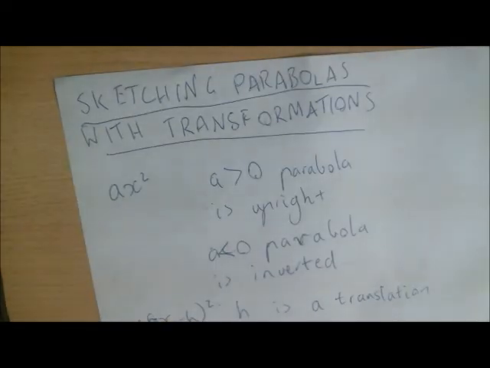What I mean by translation is that it moves. Translation is another way of saying move, and it's always in relation to the general graph y equals x squared. So it's saying what happens to the graph from x squared. Does it get wider or thinner? We call that dilation. And does it translate up or down, left or right?